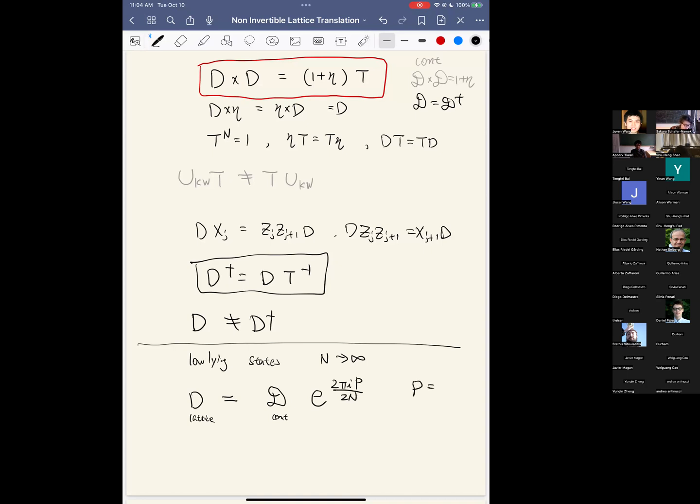So P is the continuum translation operator. In CFT, it's h minus h bar. And you see the important factor of 2 here means that this D, the lattice D, is really a half lattice translation, but it's non-invertible.